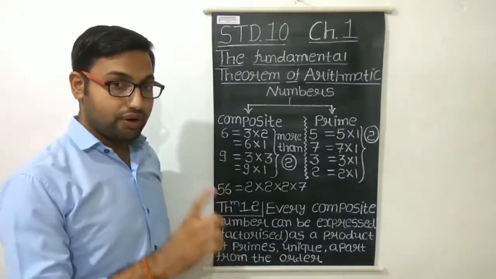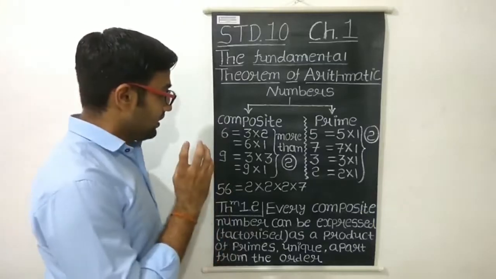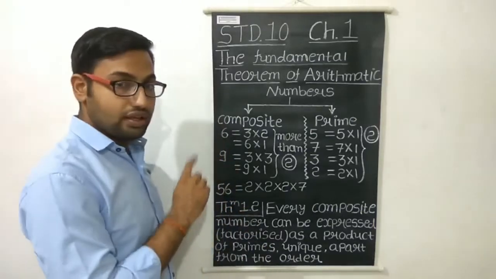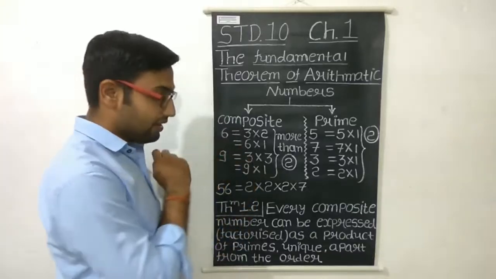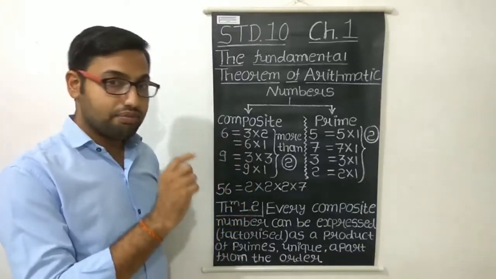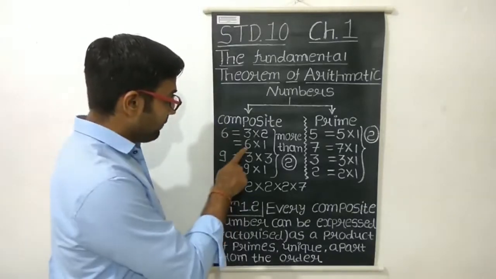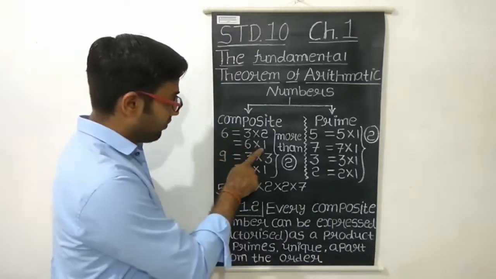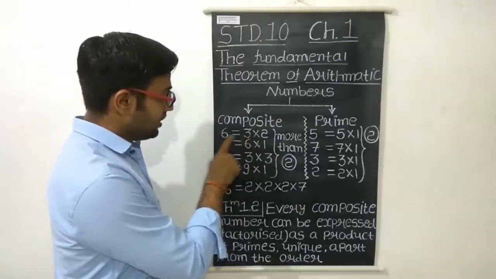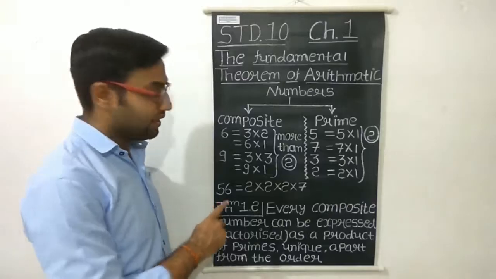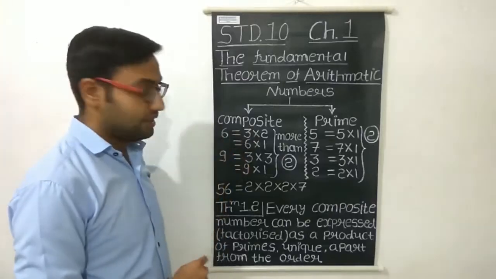That you have now clear in your mind, that number by which we divide the 6 and the remainder becomes 0, then that number is called the factor of 6. So here 6 is a factor of 6, 1 is a factor of 6, 3 is a factor of 6 and 2 is a factor of 6. How many factors we get? 4 factors we get here.